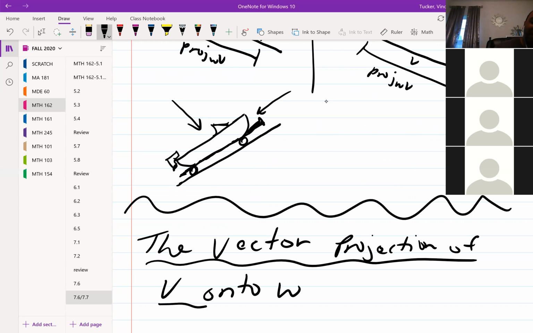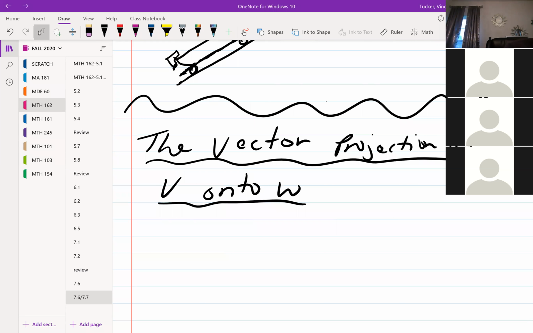All right, so let's look at the formula to help us do this. The vector projection of V onto W. Take the dot product.